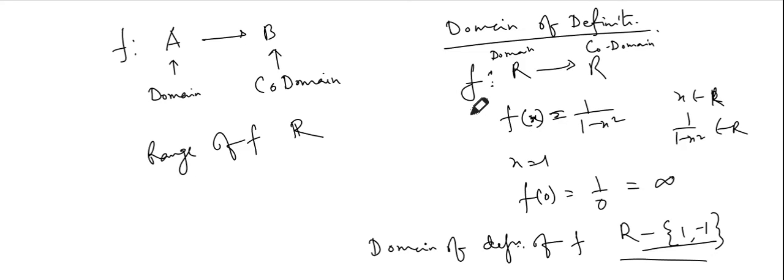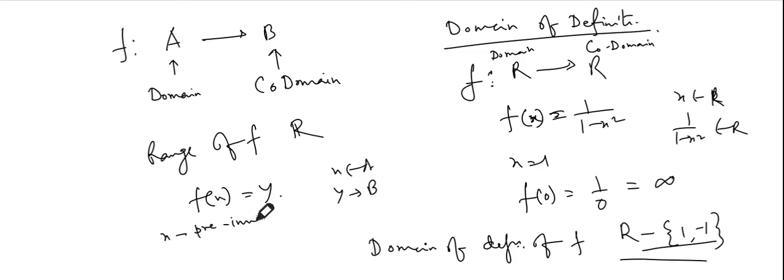Now if we write a function as f(x) equal to y, where x belongs to A and y belongs to the codomain set B, then x is called the pre-image and y is called the image. So the image is found from the pre-image.